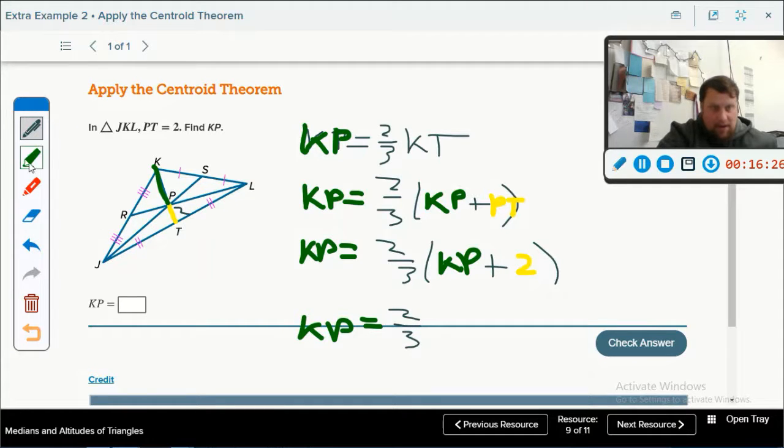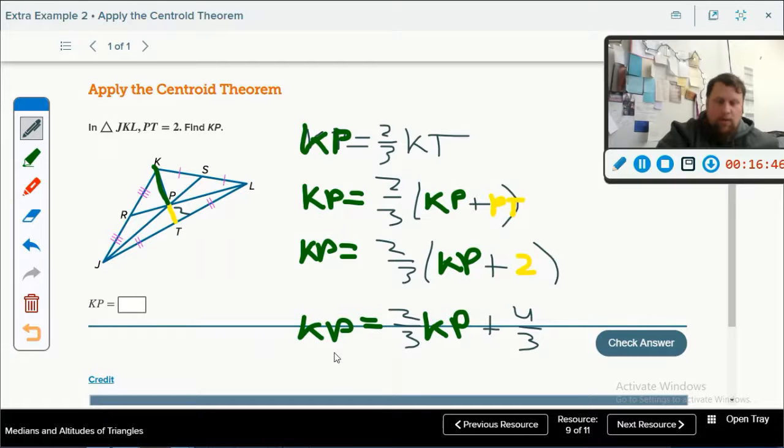2/3 KP plus, what's 2/3 times 2? It's going to be 4/3. And I'm going to subtract this over.